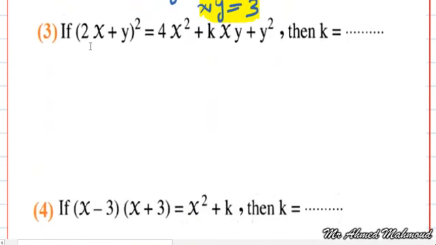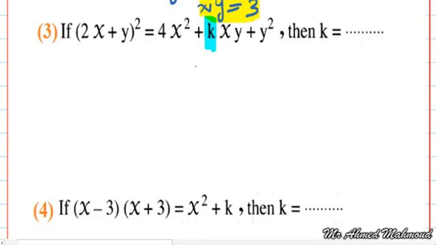If we have (2x plus y) all to the power of 2, after expanding this bracket, we found 4x² plus kxy plus y². K here represents the middle term.